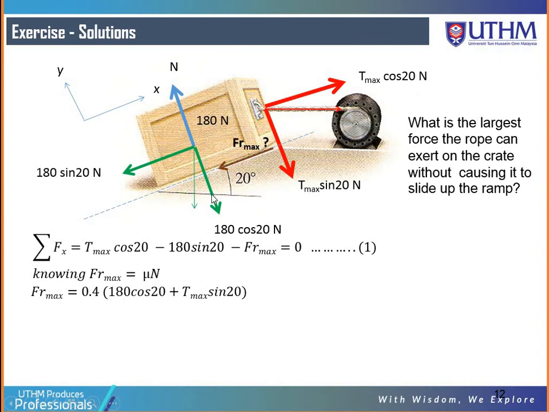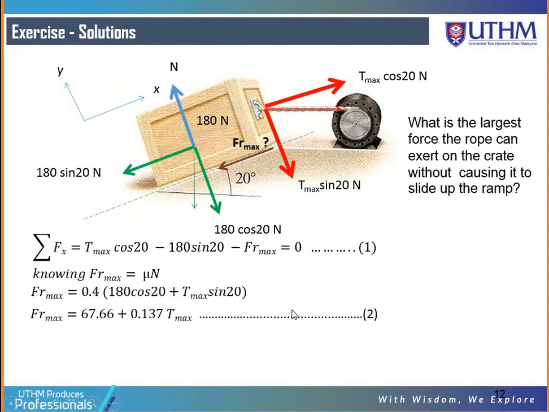The normal force is 180 cos 20 plus T max sin 20. The same applies to the y direction: the total force acting in the y direction is equal to 0. So the normal force acting in the positive direction of the y-axis is equal to 180 cos 20 plus T max sin 20. So this is the equation.